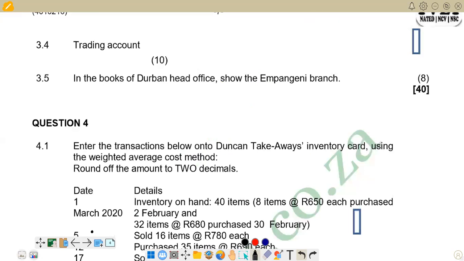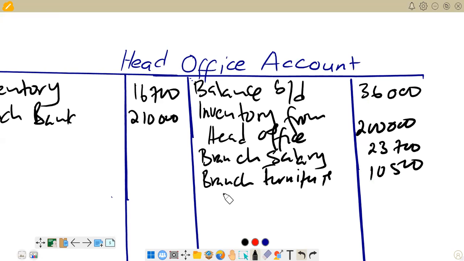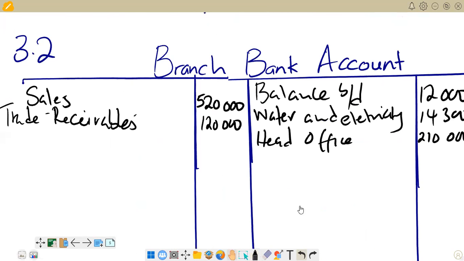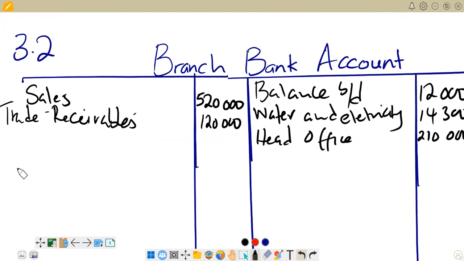So we come here, crediting head office here with 125. So we are saying branch bank, 125,000, and then we go down there to check, entering into the debit side of the branch bank account, and this is head office, 125,000.